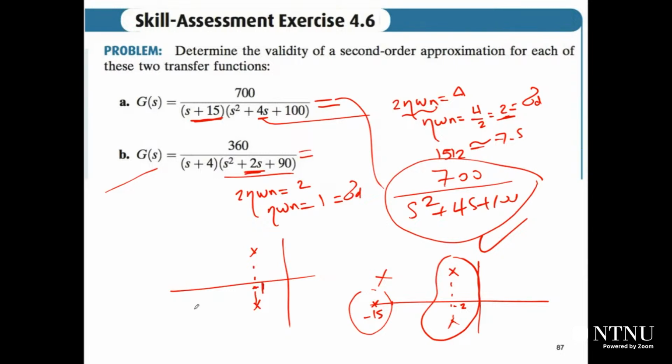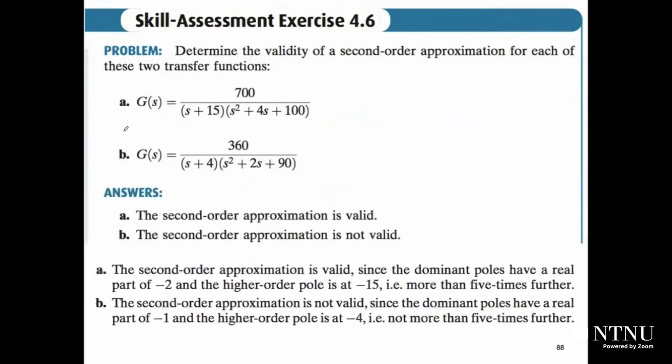The third pole is at minus 4, which is just 3 times away from the dominant closed loop poles. When it's less than 5, we cannot approximate it, and we need to use this as a third order system. We cannot approximate it as a second order system.